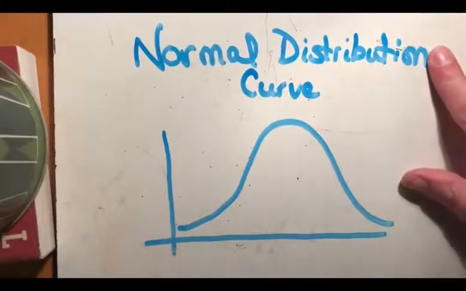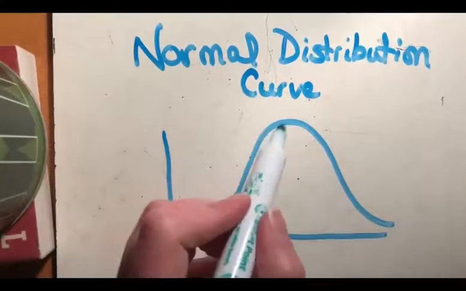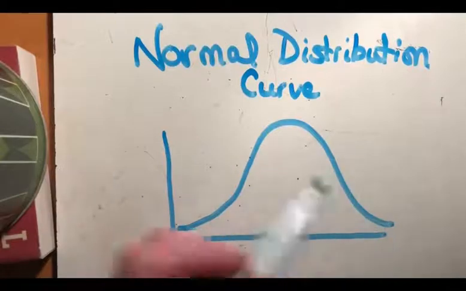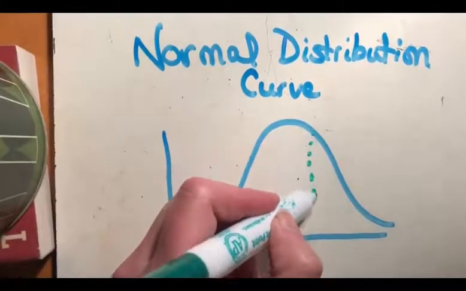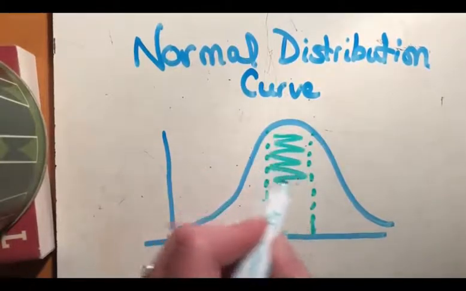Now that normal distribution curve that we see is something that SAT uses and lots of other places, but SAT is one that you guys are very familiar with. Their goal is to separate scores in this kind of bell curve so that a big majority of their scores are happening right in the middle.